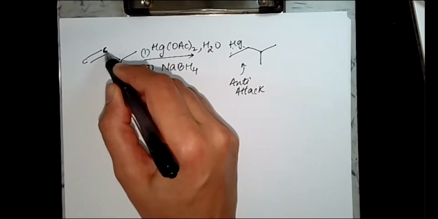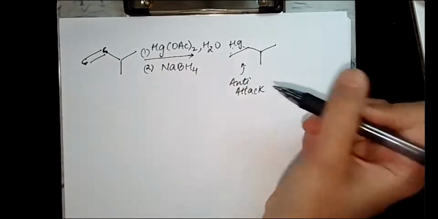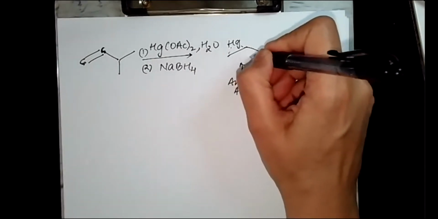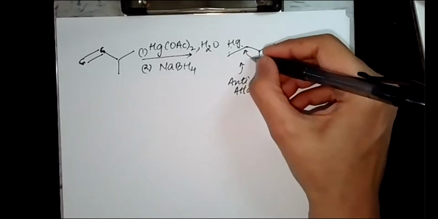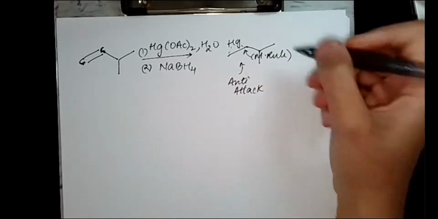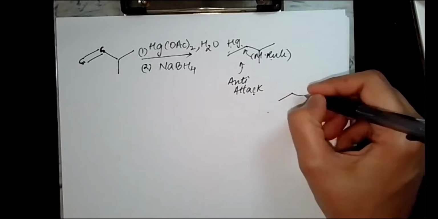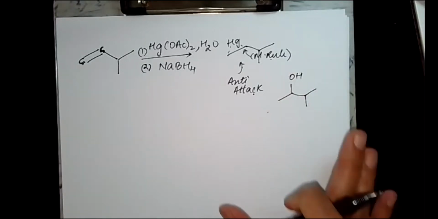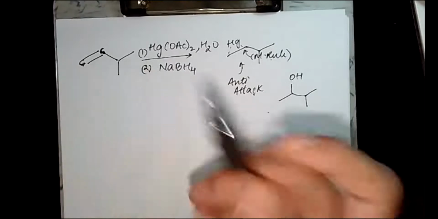The less substituted carbon or the more substituted carbon? Very good. My incoming nucleophile is going to attack the more substituted carbon, and hence Markovnikov's rule. Anti-attack, Markovnikov's rule. And so this is the kind of product that I will get eventually on the more substituted carbon.